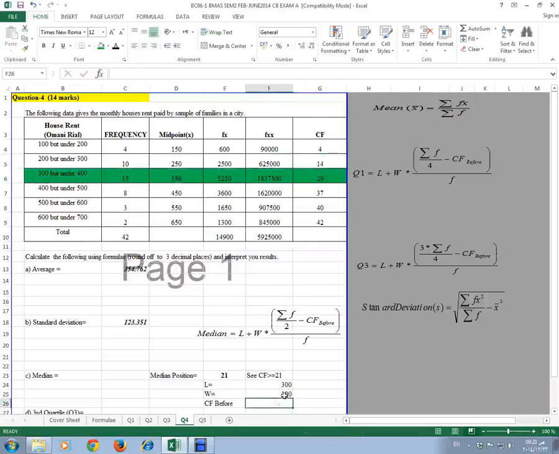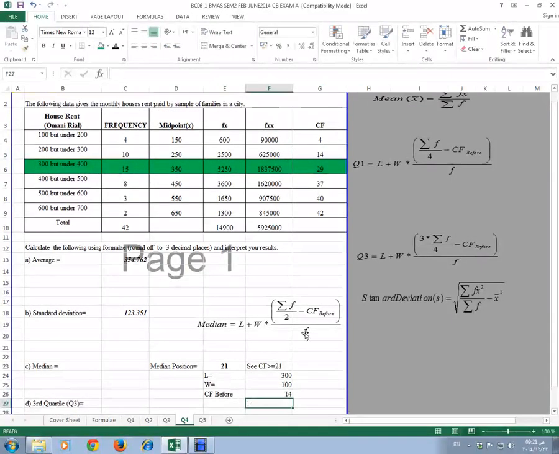So here CF before is 14. And then after that, the frequency of the median class, which is 15. So here I'm going to write 15. Now I have all the values for the median.